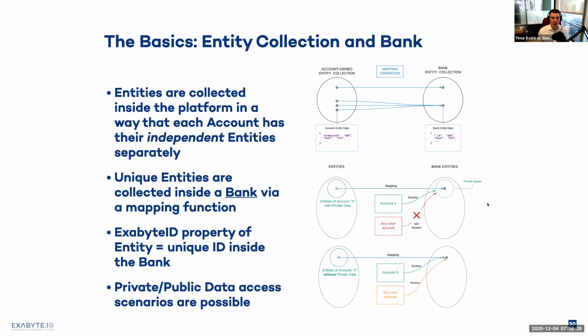We also have a concept of the entity collection and entity bank. By default, each account has its own private entity collection. So materials, workflows, jobs, everything that is created under a particular account belongs to this account and is associated to it. But inside the bank collection, we store all the unique entities.